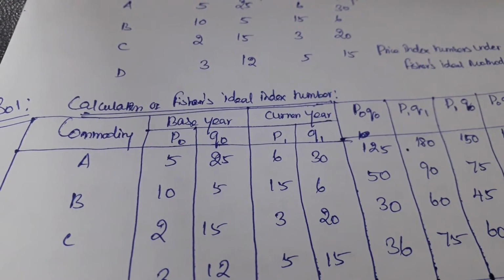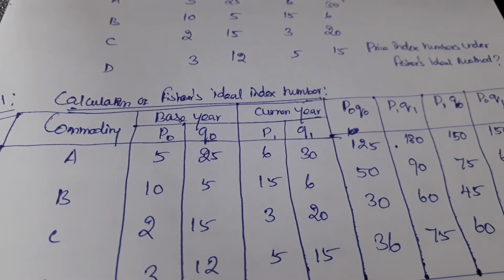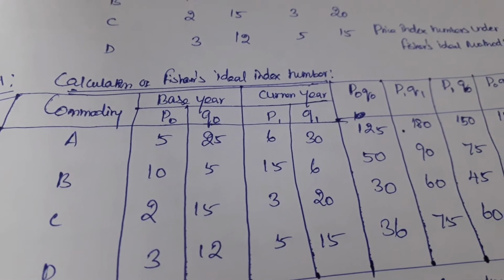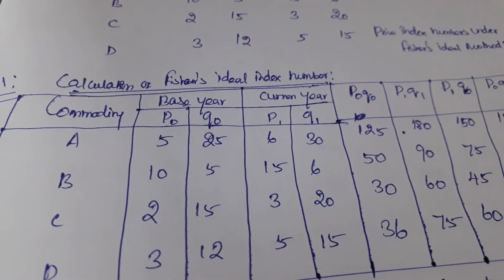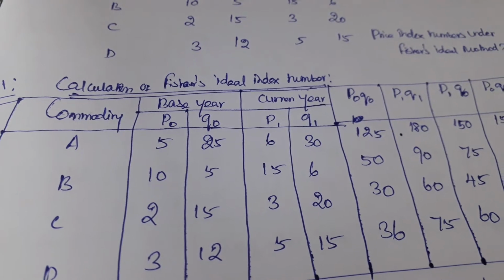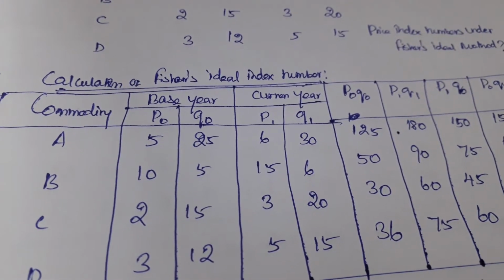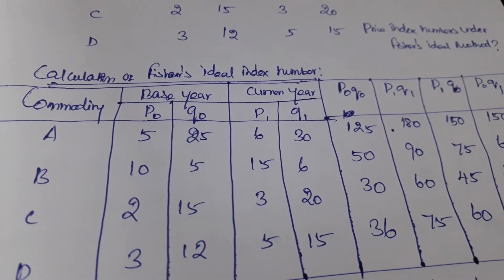The first column represents the commodity. The second column is the base year. Under base year there are two more columns. The first one is the price of the base year, P0, and the second is the quantity of the base year, Q0. Likewise, the next column represents the current year.